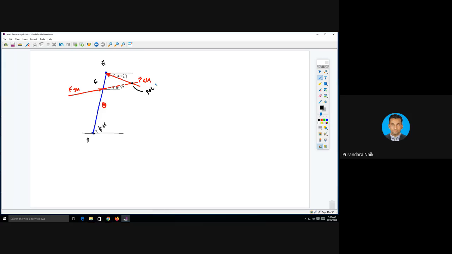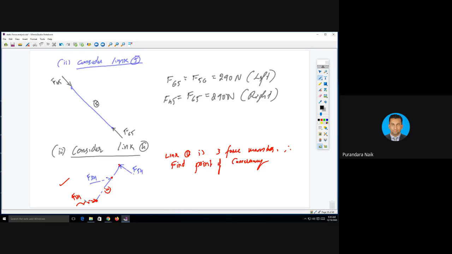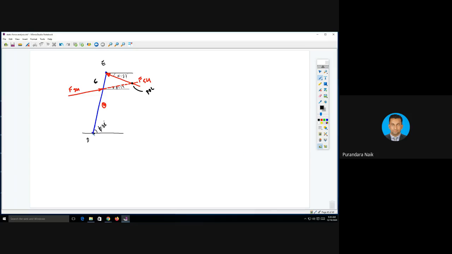If two forces are acting at a point, the third force, the bottom force F14, is also along the same point. So join D with the point of concurrency. That will be the line of action of F14.